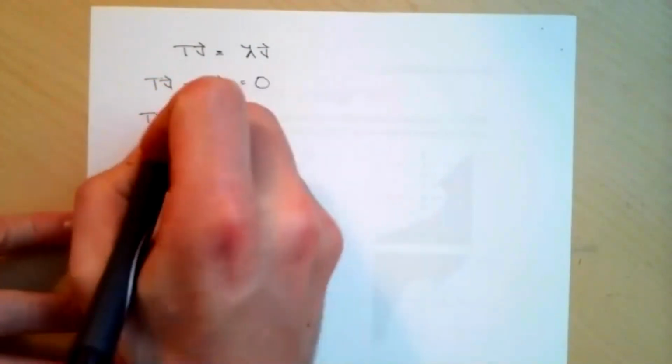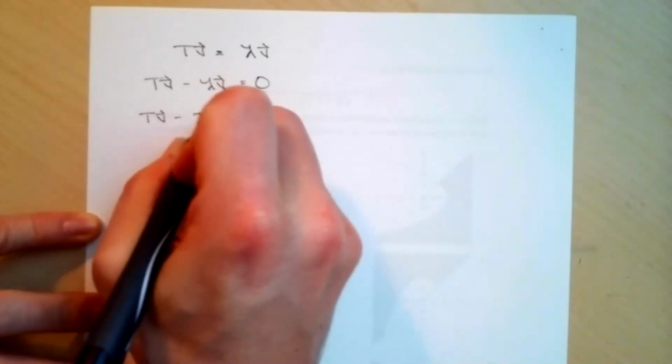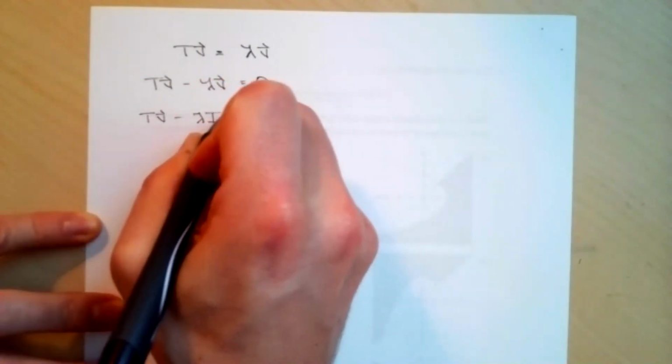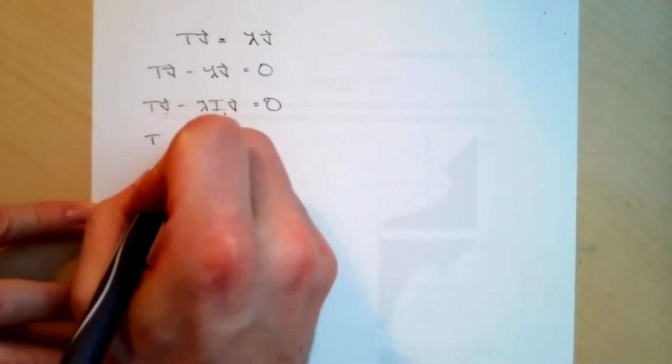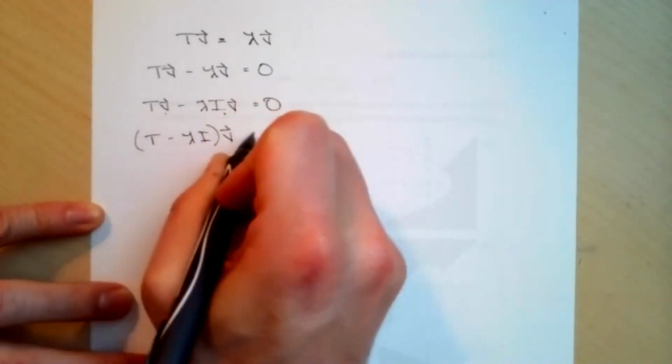And we can actually phrase this in terms of operations now. This is lambda times the identity acting on V, since the identity acting on a vector isn't going to change it. And now since we have two transformations operating on the same vector, our distribution property applies, namely that T minus lambda I acting on V is equal to 0.